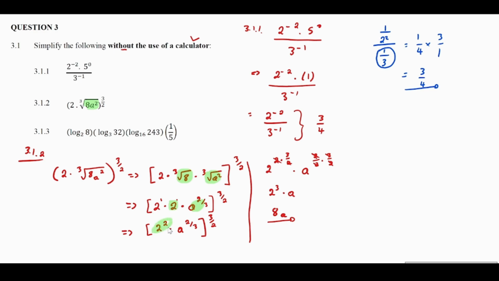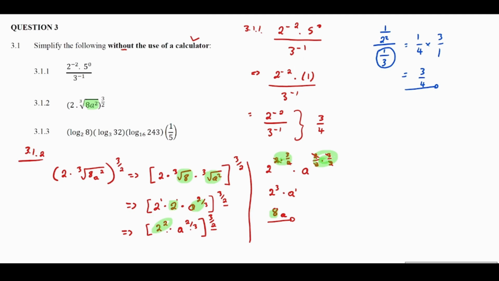And then you take the exponent that is outside the bracket and multiply it with the ones inside. You end up with 3 over 2 multiplying the exponent of 2, and the same applies to 3 over 2 multiplying 2 over 3. Here the 2 and 2 divide, you're left with 3. 2 to the exponent of 3 will give us 8, and the other ones give us an exponent of 1. Basically you're left with 1 there, and then your final answer becomes 8a.